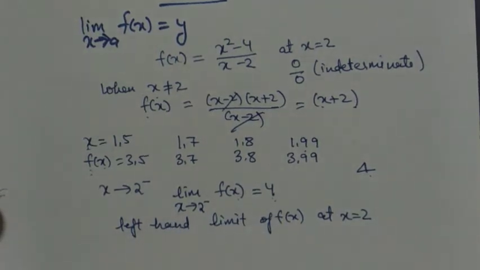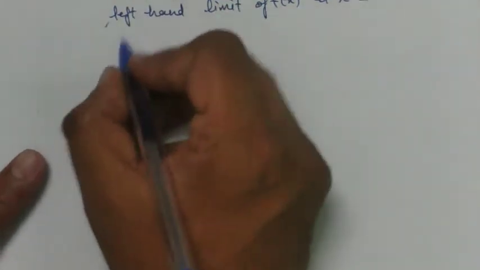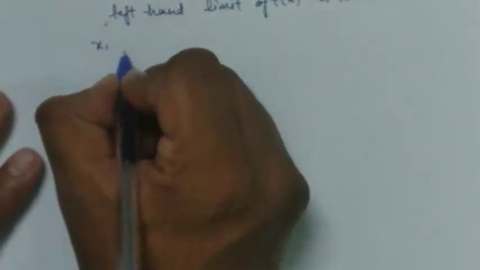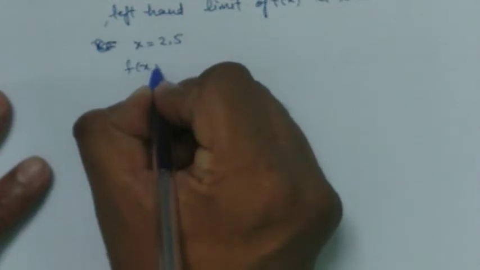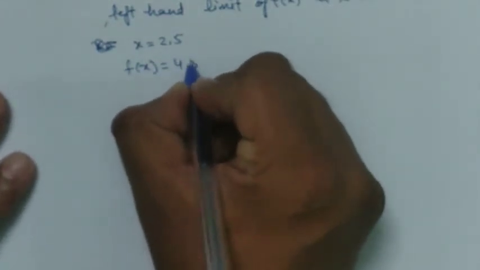Now see the right hand limit of function f(x) at x equal to 2. When the value of x is 2.5, then the value of f(x) is 4.5.